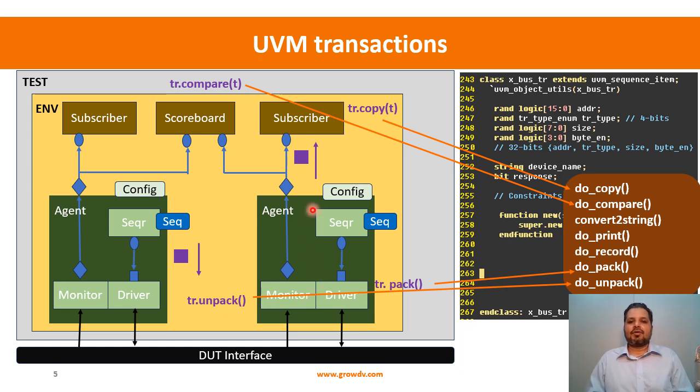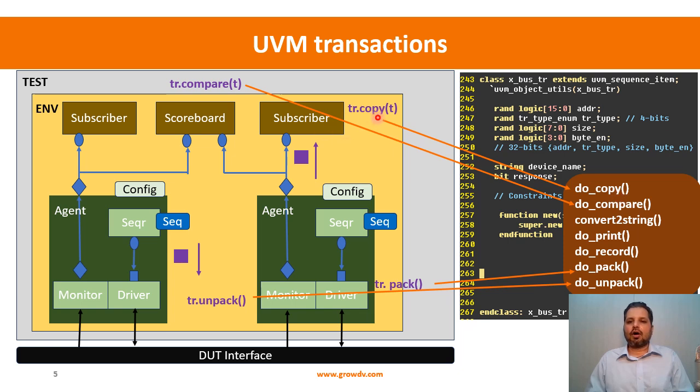And then we looked at the compare, we looked at copy, we looked at pack, and we looked at unpack. And then we have a few more functions. These are the functions, by the way, which are part of the UVM sequence item, and I was just showing which components in the test bench utilize those methods. So you have a method called doCopy that's provided as a virtual function as a part of our UVM sequence item, and the way this gets invoked is through a function called copy.